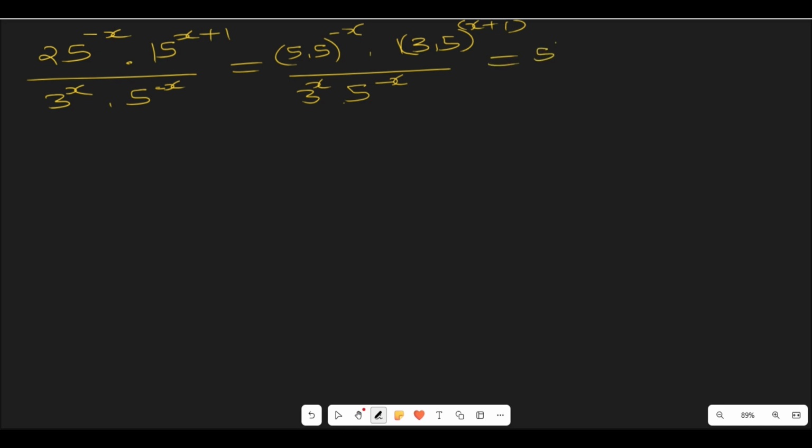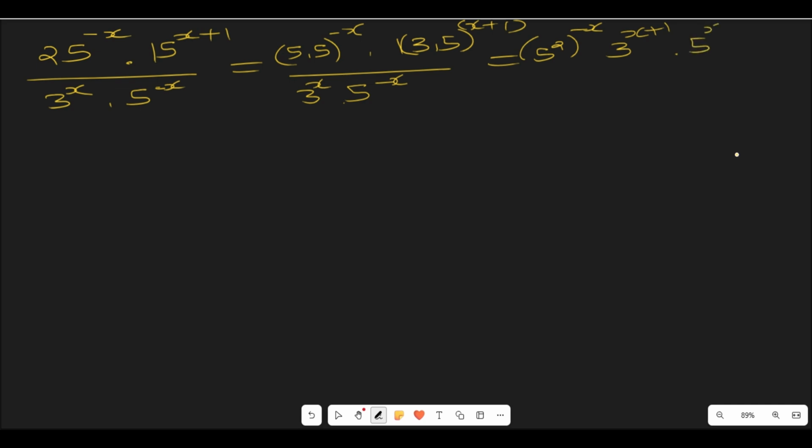So now it's gonna be 5 squared to the power negative x, and then now it's gonna be what? It's gonna be 3 to the power x plus 1.